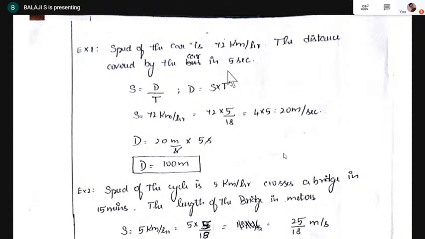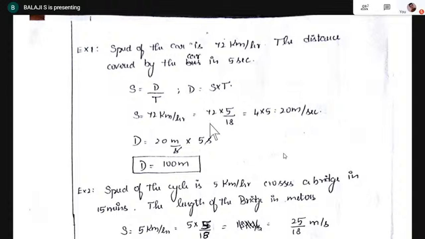5 seconds. Now friends, you see here, the speed is 72 km per hour, but the time which they give is 5 seconds. Then what you must do is convert. Either you can convert the seconds into hours, or you can convert the hours into seconds. Mostly it is easy to convert kilometer per hour into meter per second.